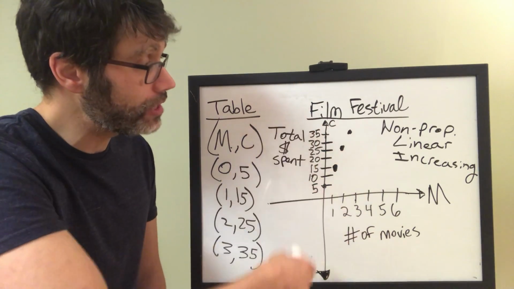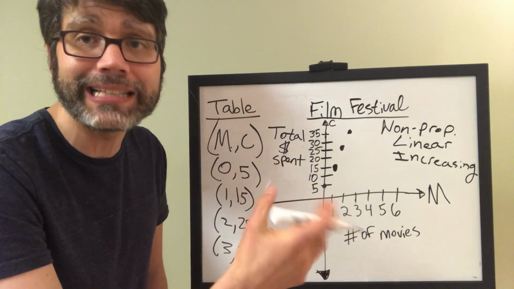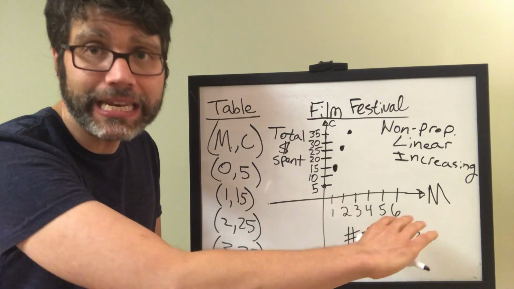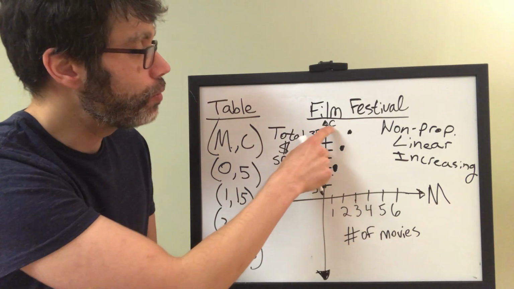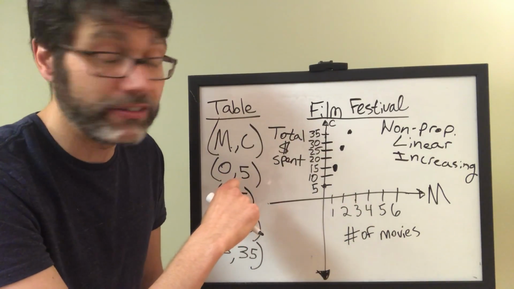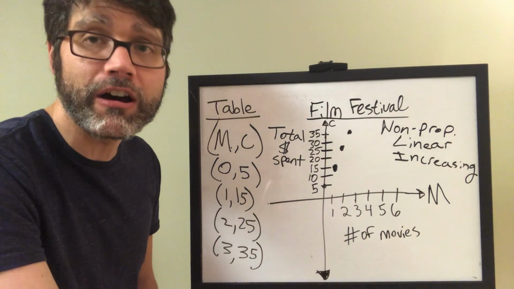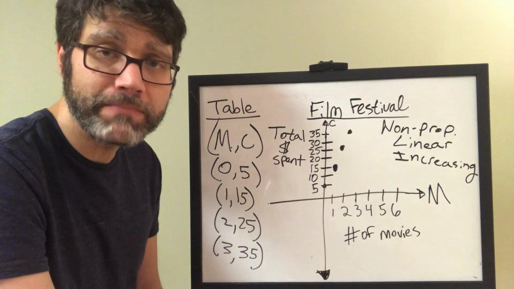Likely, just like with the y-axis, it doesn't have to be y as a variable. It could be anything that's dependent upon the independent variable. In this case, we'll call C the total cost, or the total amount of money that we're spending at the film festival. And we're saying that M is the total number of movies that we're going to watch, okay?